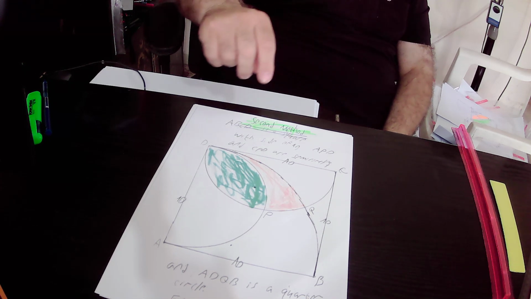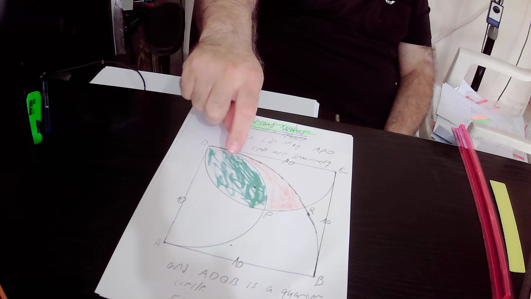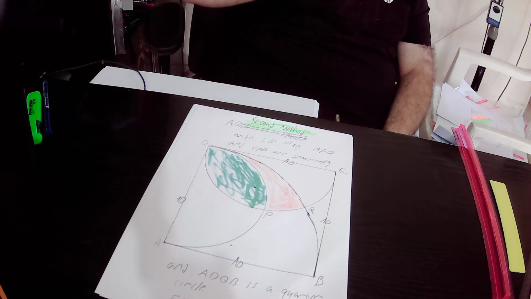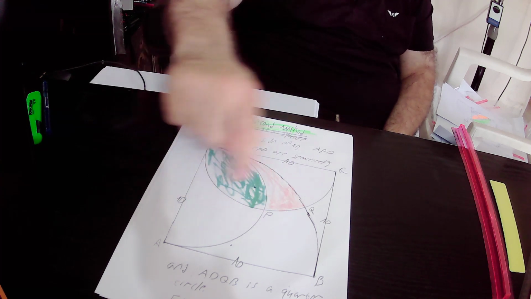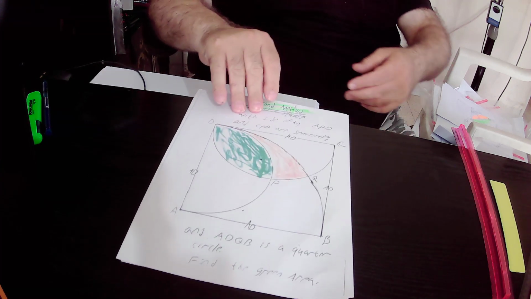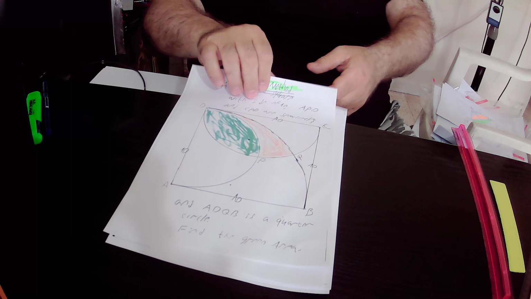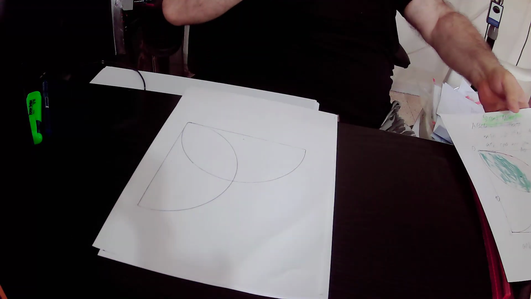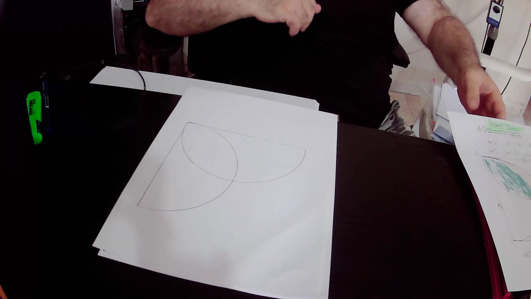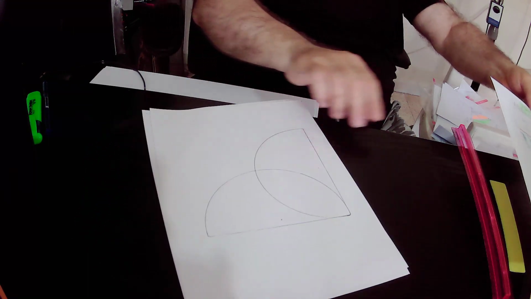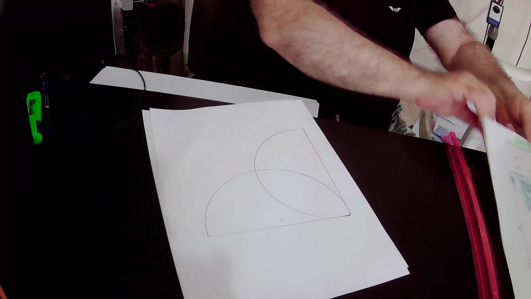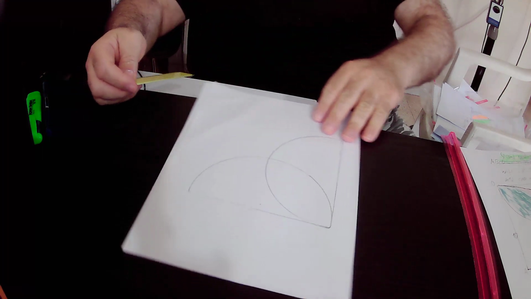First of all, we'll find out the area of this blue lens that was created by the intersection of the two semicircles with each other. So our mission is to find out the area of the blue lens.